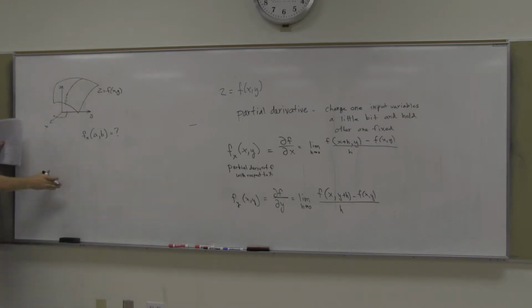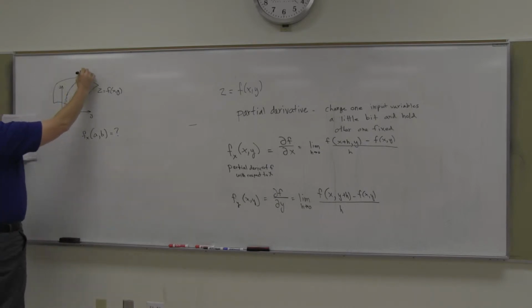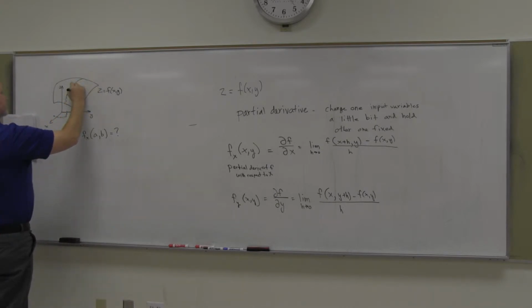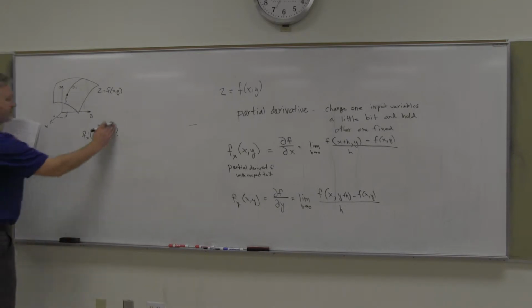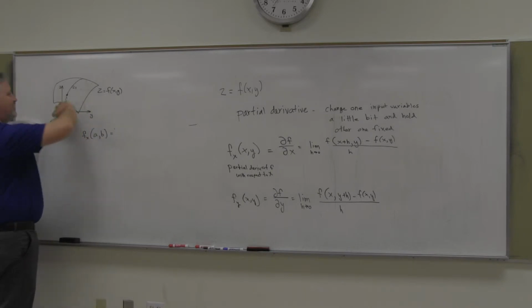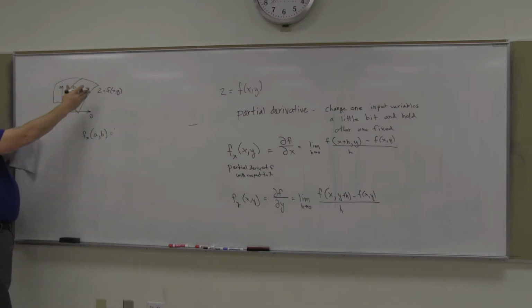So that's how this surface is cut by the plane y equals b. That's what we'll call C1. f sub x of a, b is the slope of that tangent line to C1.